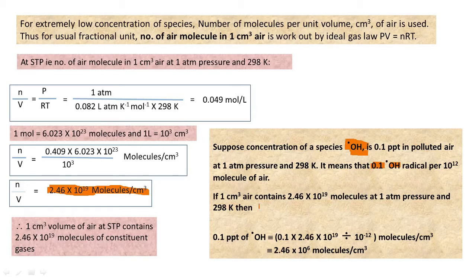If 1 centimeter cube of air contains 2.46 into 10 to the power 19 molecules at 1 atmospheric pressure and 298 Kelvin, then to calculate the OH radical in 0.1 ppt, you have to multiply 0.1 into 2.46 into 10 to the power 19 divided by 10 to the power 12. So it comes to 2.43 into 10 to the power 6 molecules per centimeter cube.